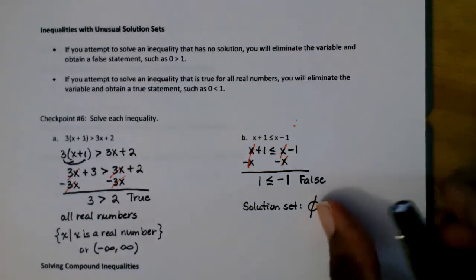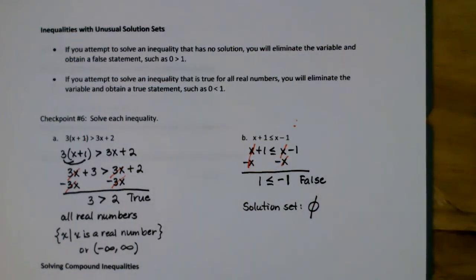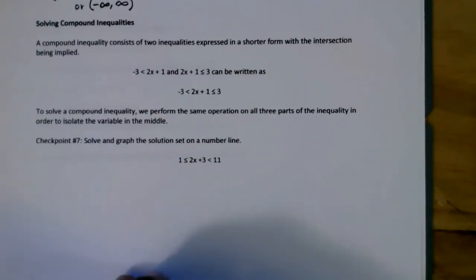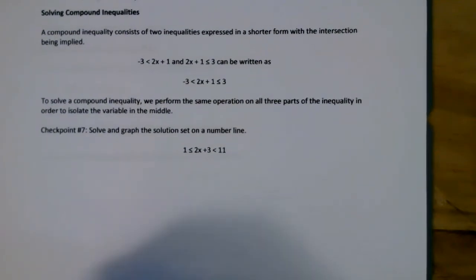Okay, all right, next we'll look at compound inequalities. A compound inequality consists of two inequalities expressed in a shorter form with the intersection being implied.